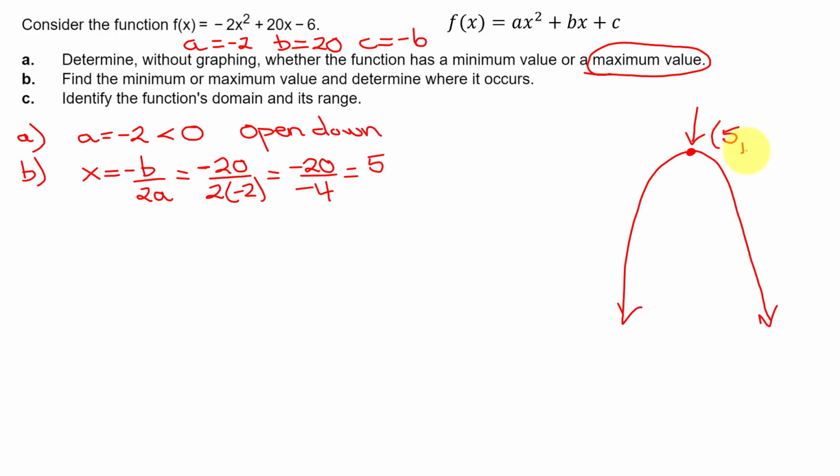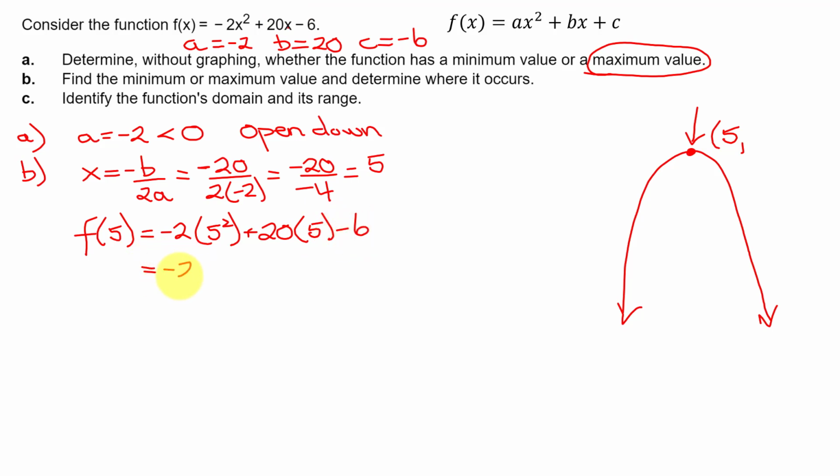And now I need to find the y value of the vertex, which just means plug the value we just found, the 5, into the function itself. So all I have to do is evaluate the function at 5. So I have negative 2 times x squared, which is 5 squared, plus 20 times x, which is 5, minus 6.